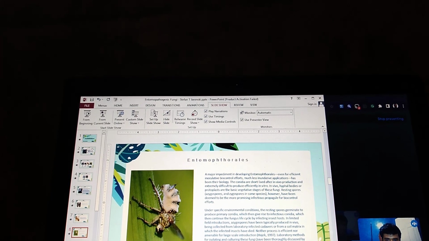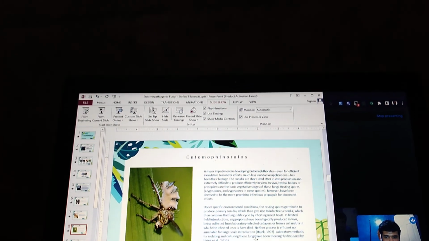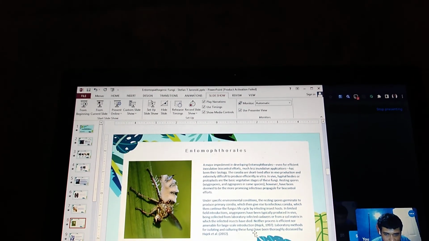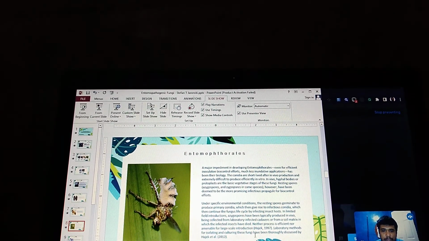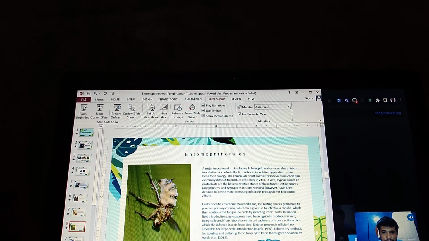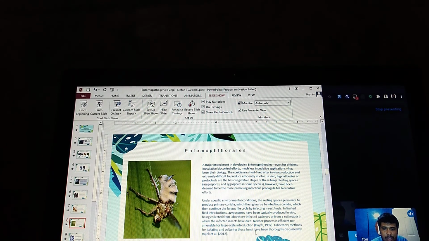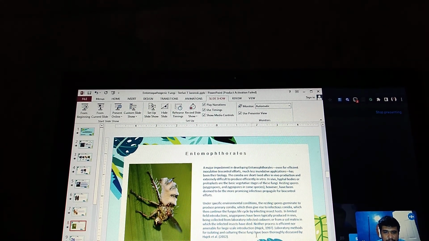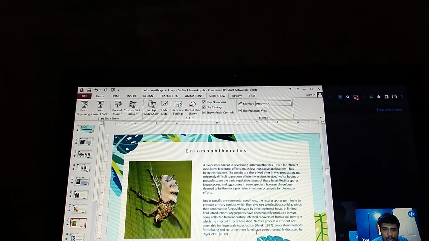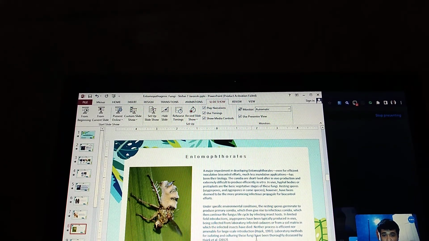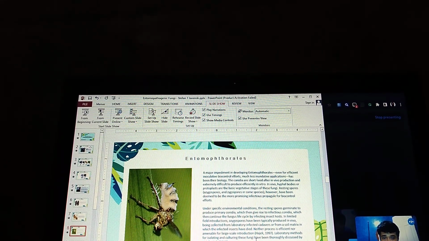Resting spores, however, are deemed to be a more promising infectious propagule for biocontrol efforts. Under specific environmental conditions, the resting spores germinate to produce primarily conidia, which give rise to infectious conidia.